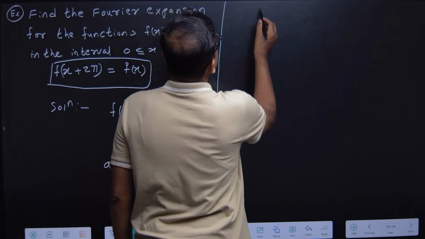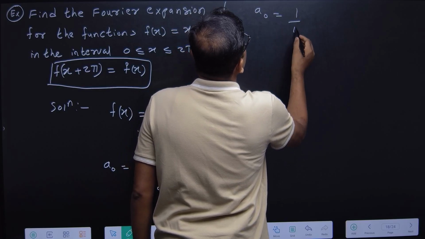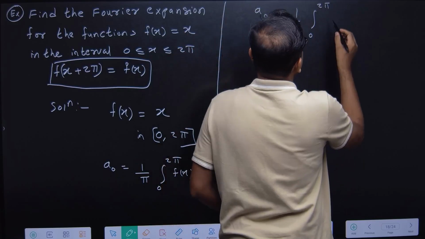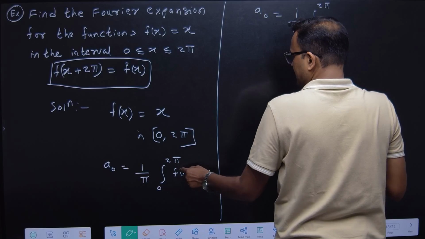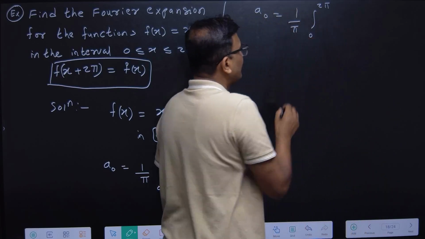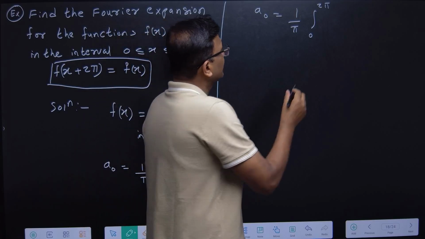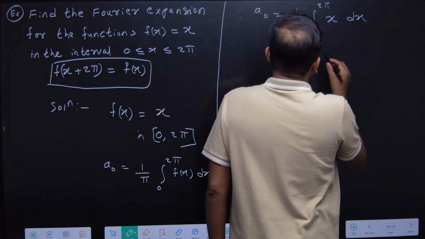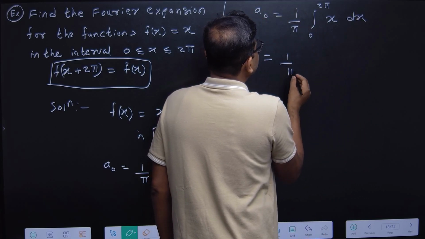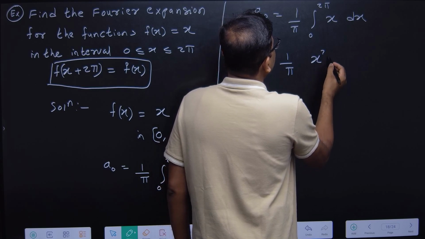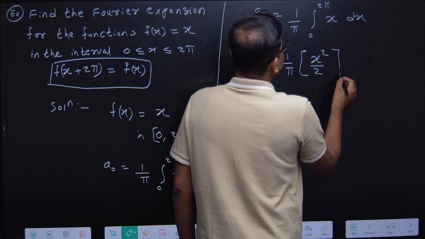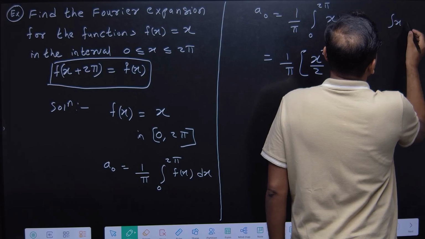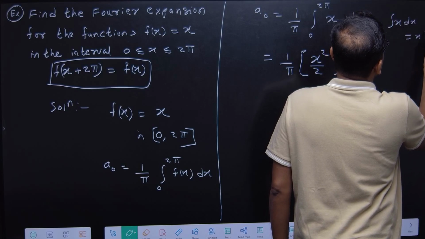Now in our case, f of x is x, so substitute f of x as x in this formula. A0 will be 1 upon pi integration 0 to 2 pi, x dx. We know that integration of x dx is x square upon 2, and this is within the limit 0 to 2 pi.